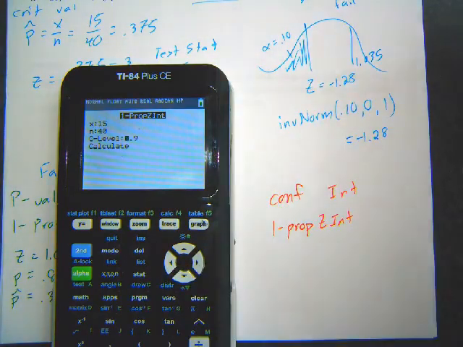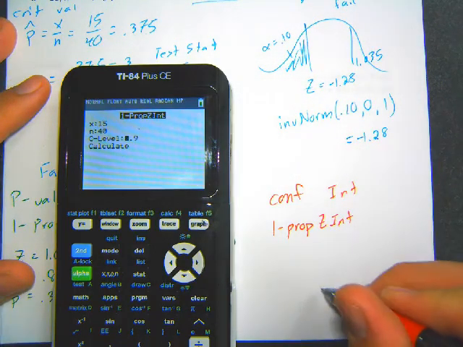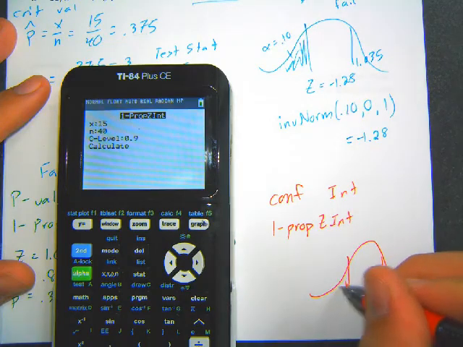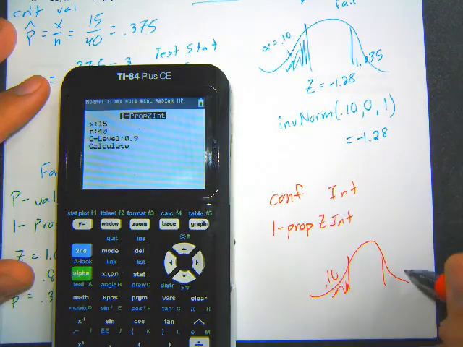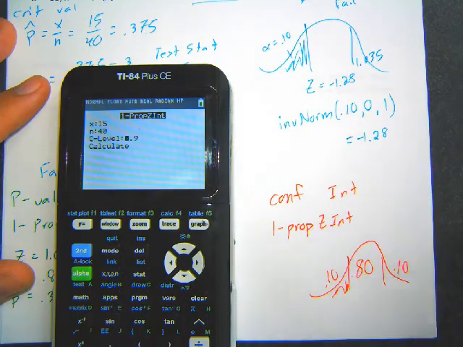The confidence level in this case, we need to have the chart. It's got 10% in this tail, which means it has to have 10% in the other tail. So we actually are going to put 80% or 0.8 in the middle.